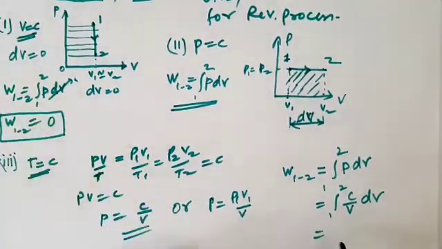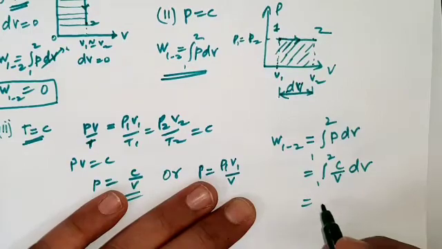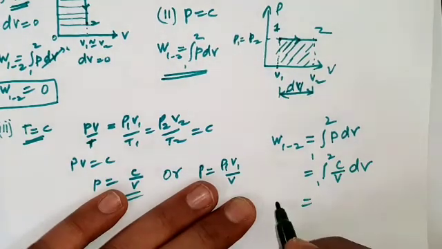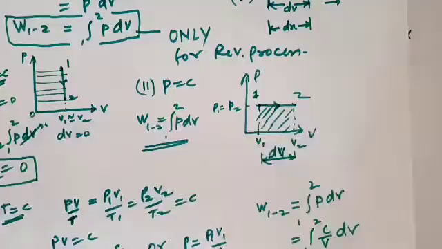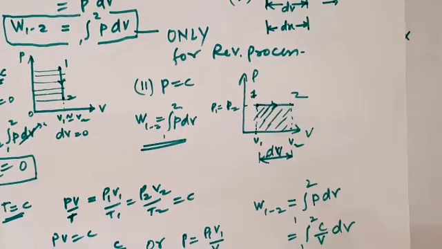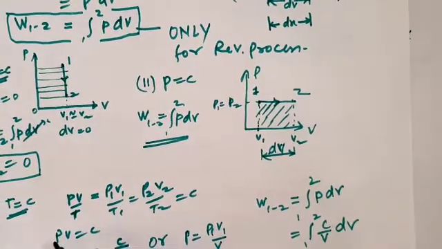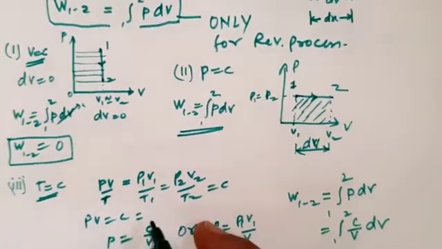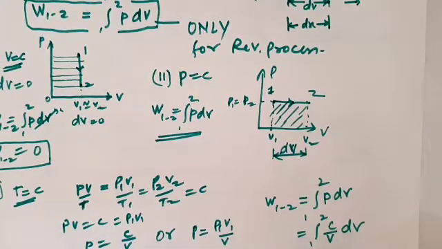So W1 to 2 is equal to C ln V2 upon V1, and C is equal to P1 V1. So this will be P1 V1 ln V2 upon V1.